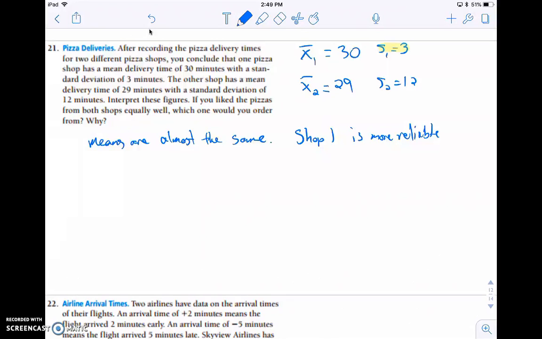If you want to kind of take a chance and see if you can get a really fast delivery, shop 2, there's a better chance of getting a faster delivery, but there's also an equally bad chance that it'll take even longer, up into the 40-minute range. So that smaller deviation gives more reliability.